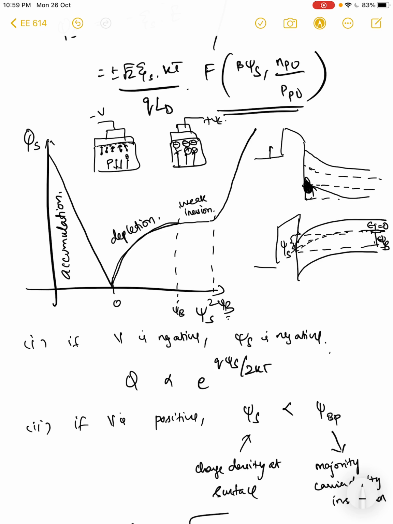I have a metal work function. This is an insulator, right? And I have a band bending.